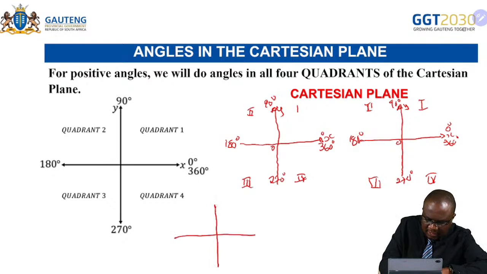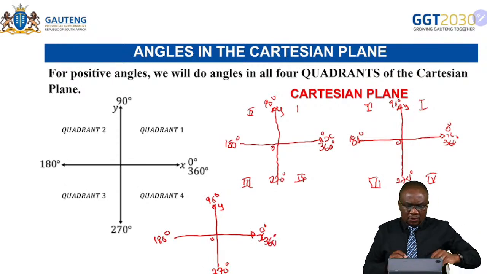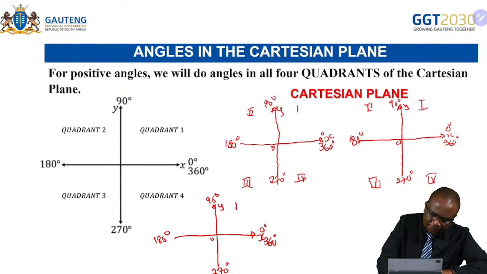This is my y-axis, x-axis, okay, the origin. 0 degrees, 90 degrees, 180 degrees, 270 degrees, 360 degrees. What did I miss? Oh, quadrants. Quadrant 1, quadrant 2, quadrant 3, quadrant 4.